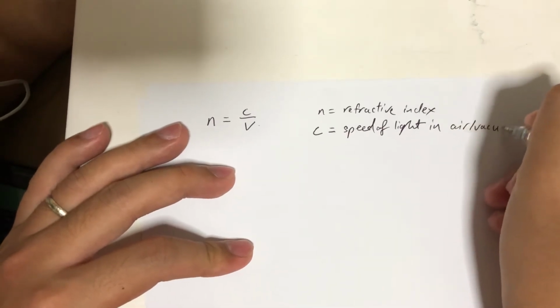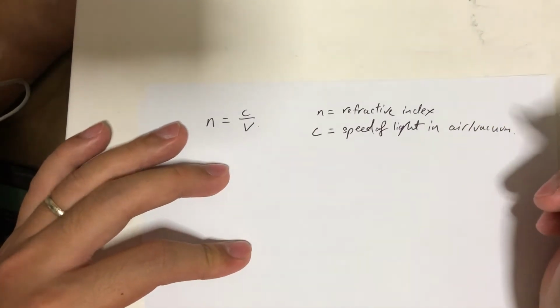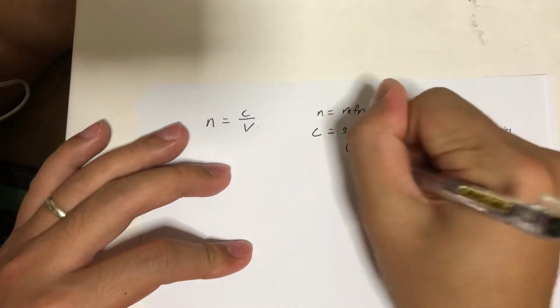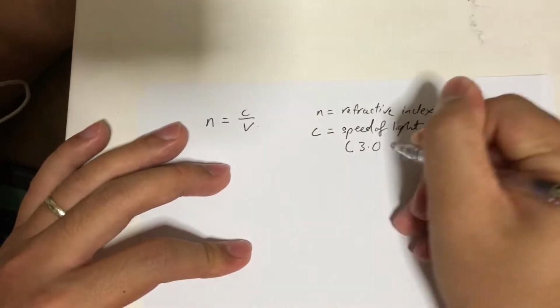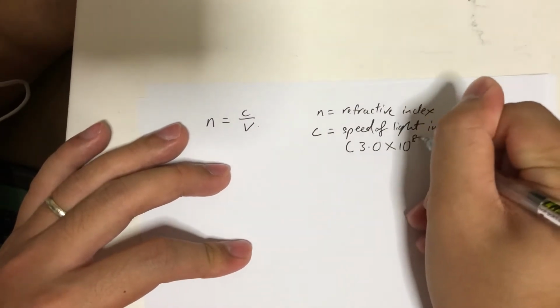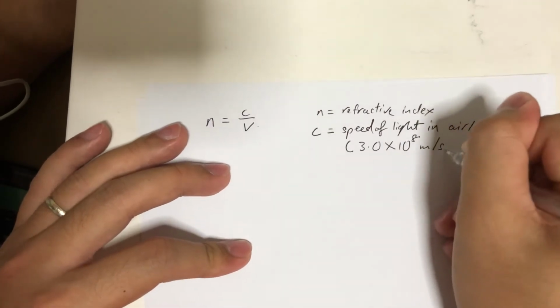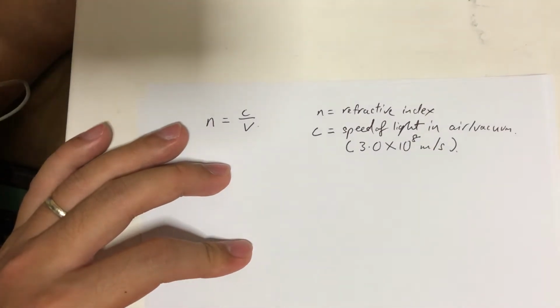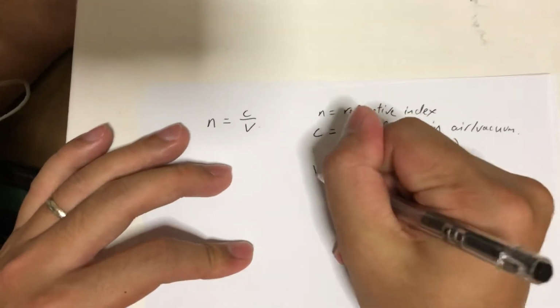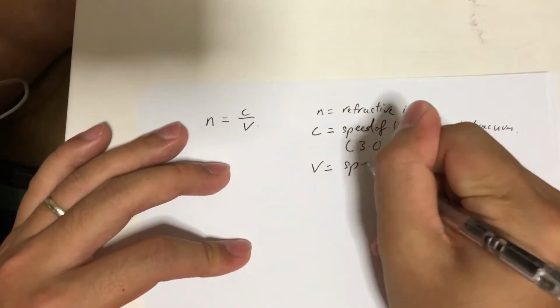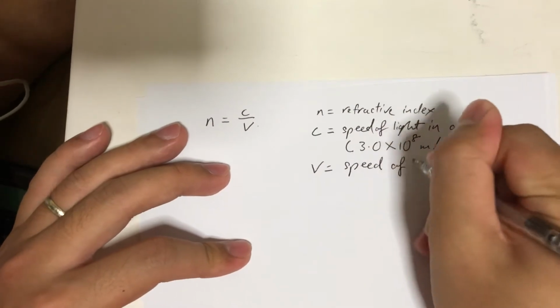Usually the difference between these two are so small that we don't usually distinguish them, for our level at this moment in time. We know that the speed of light in vacuum is 3.0 times 10 to the power 8 meters per second. Well, v here is actually the speed of light in the medium.